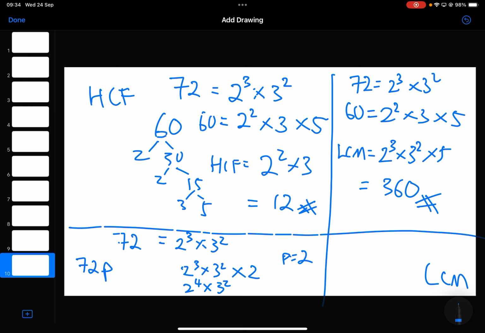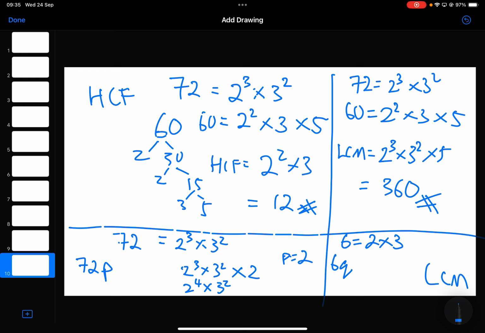Okay, one more example on this kind of question. Let's say I have 6 equals 2 times 3. 6 itself is not a perfect square. If I want to make 6 multiply Q become a perfect square, what do I need to multiply 6 by?